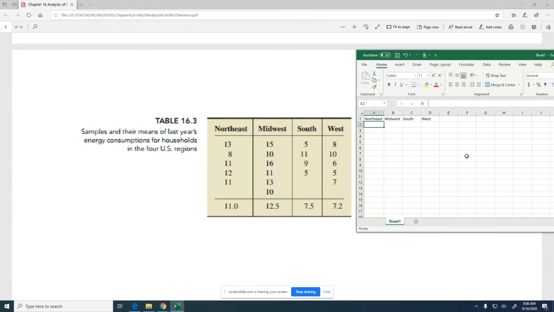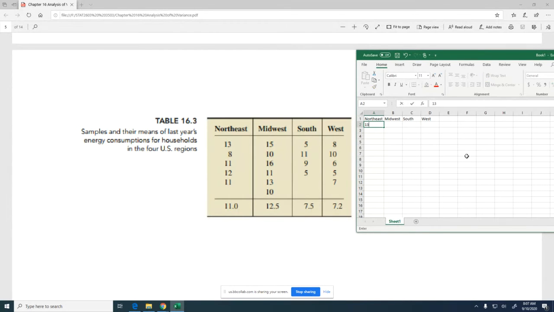What is the name of the spreadsheet in Google? Sheets, yeah. I'm not sure if it has the function to get the probability for ANOVA, but today I want to share how we can use Excel.